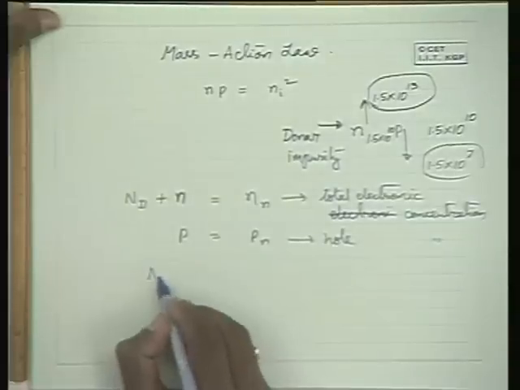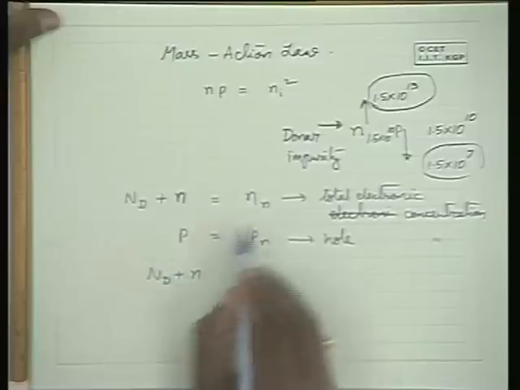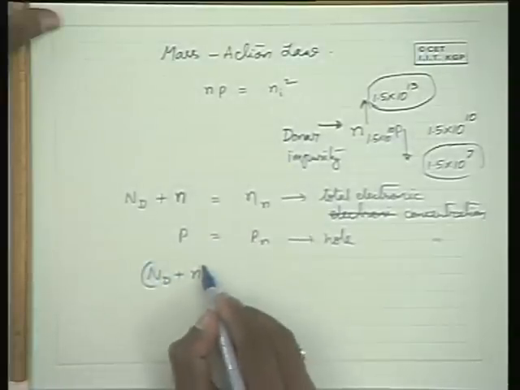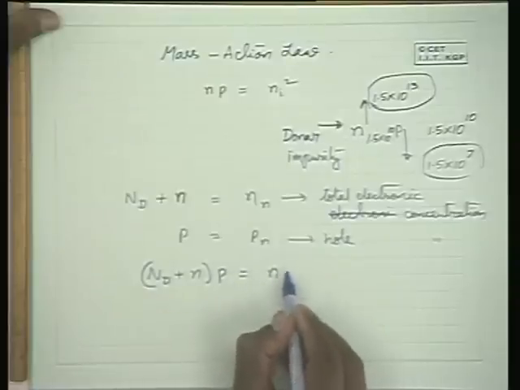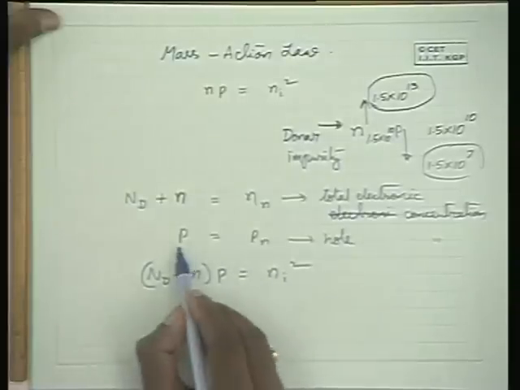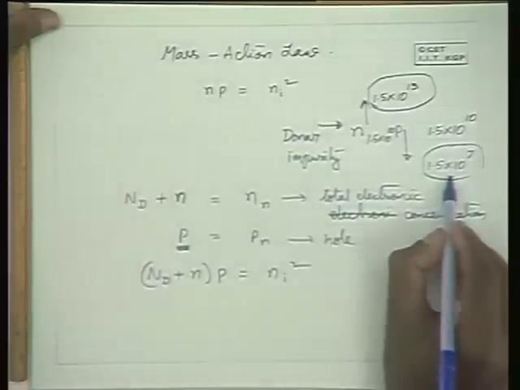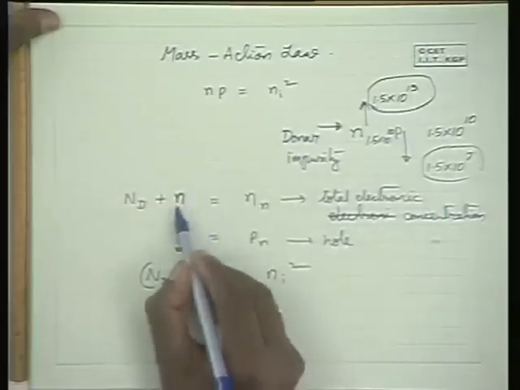Now the mass action law says that (Nd plus N) into P is Ni square. So therefore (Nd plus N) into P is equal to Ni square. I repeat, this P is thermally generated hole concentration after doping. It goes down to 1.5 into 10 to the power of 7 in this example. It is that concentration. What about N?